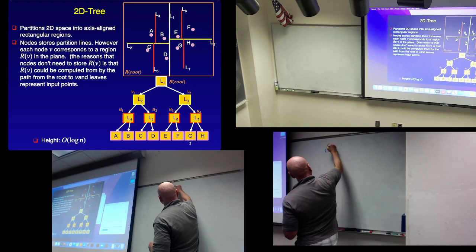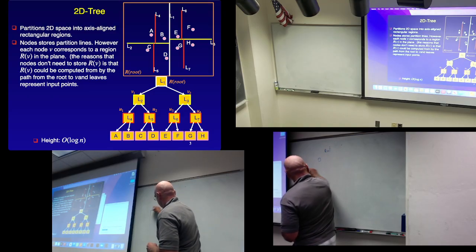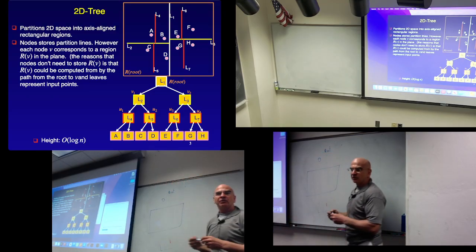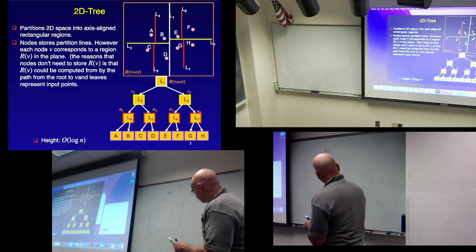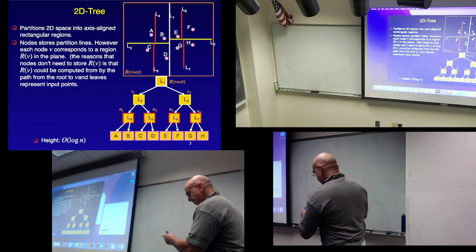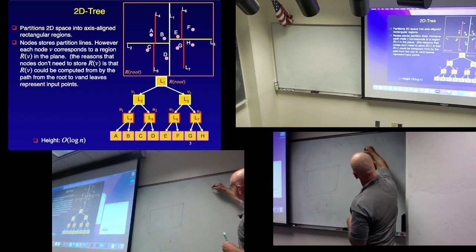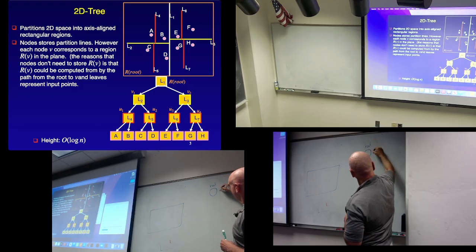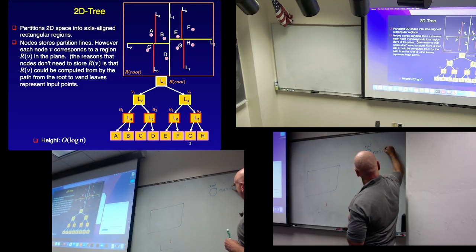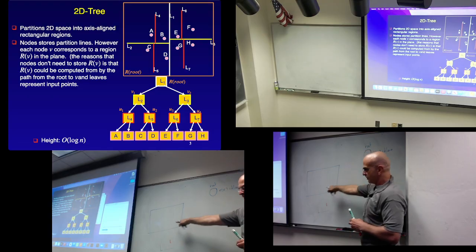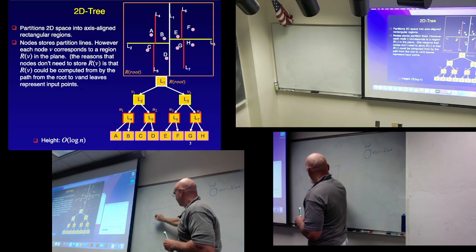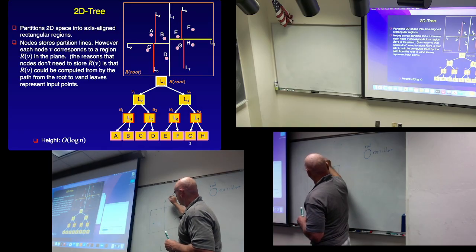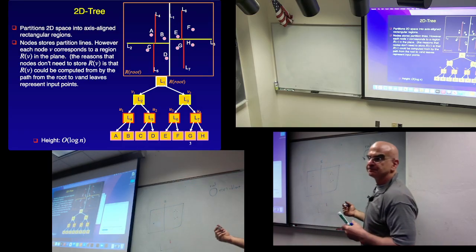The root will correspond to my whole region over here. The root, then R of V is the whole blue region over here, and I have various data points, and I store the x coordinate of the line in the median.